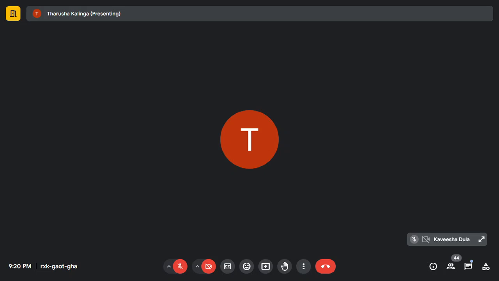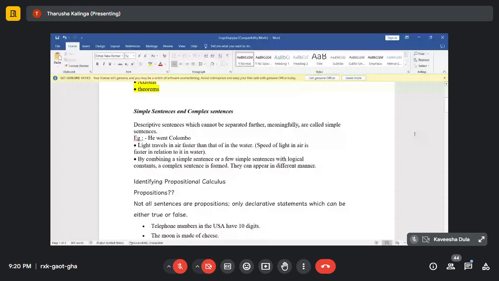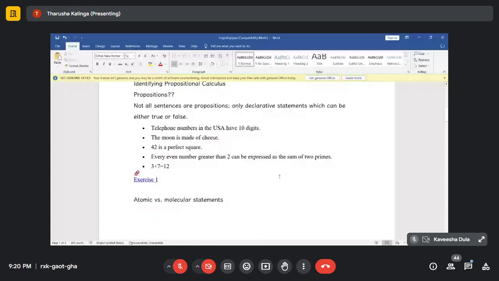Okay, now you have got an idea as to whether these are really propositions or not. Here: telephone numbers in the USA have 10 digits.